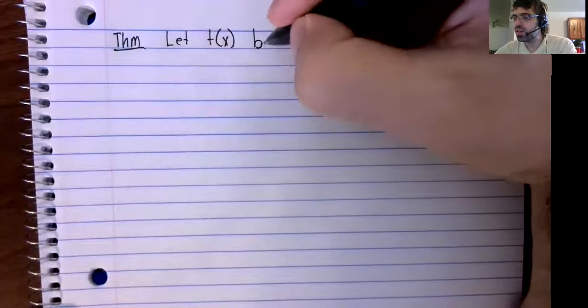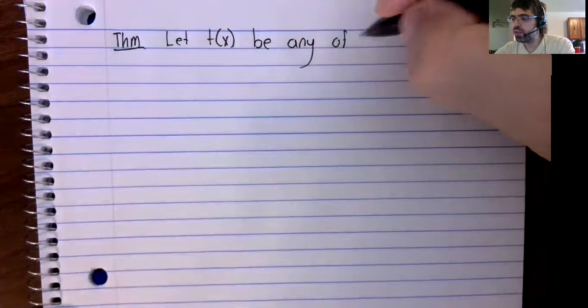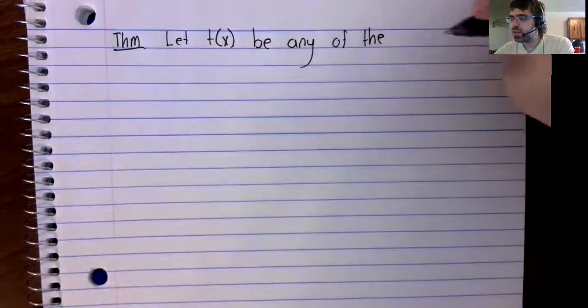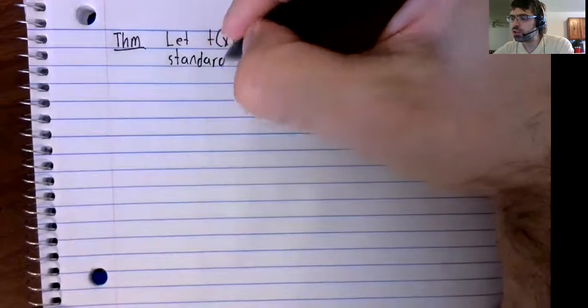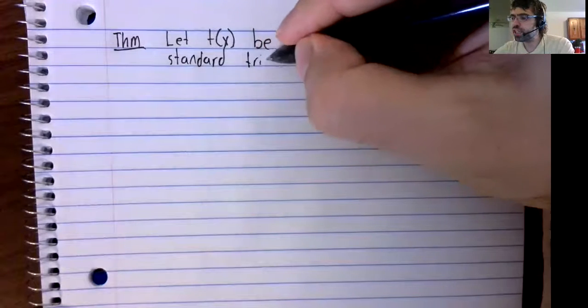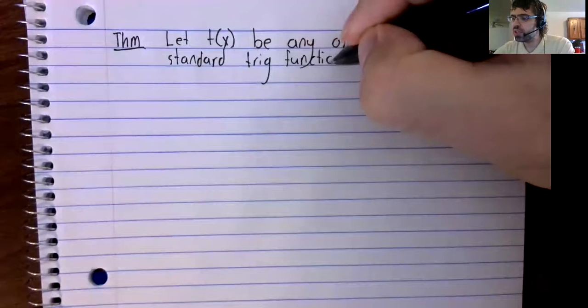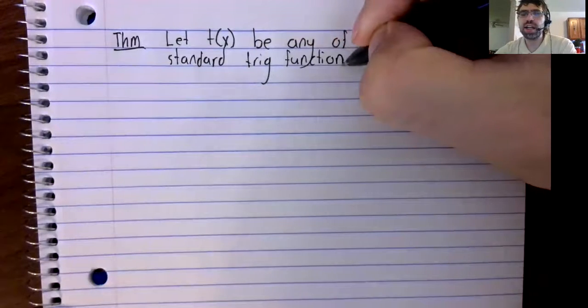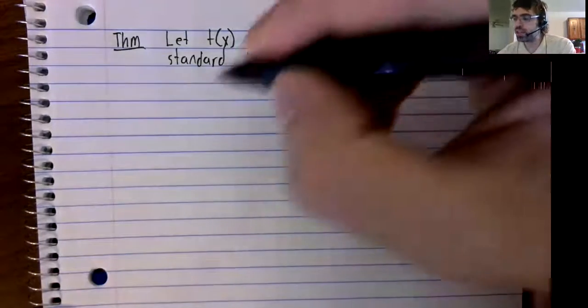Let T of x be any of the 6 standard trig functions: sine, cosine, tangent, secant, cosecant, cotangent.